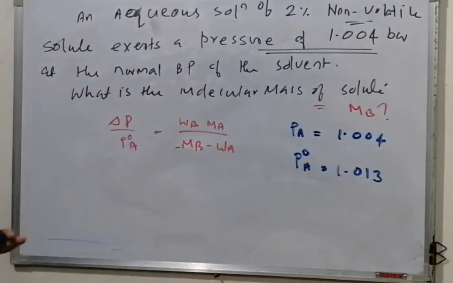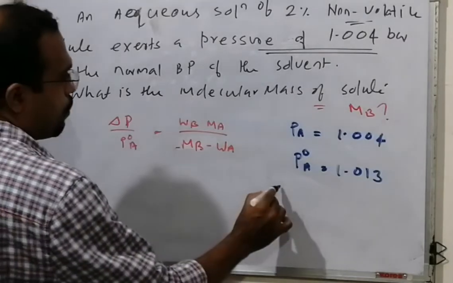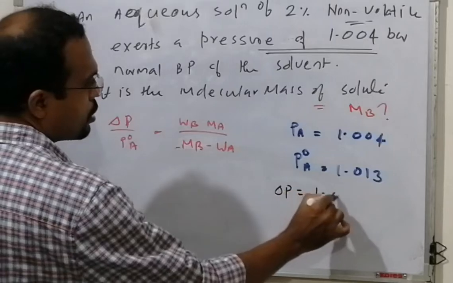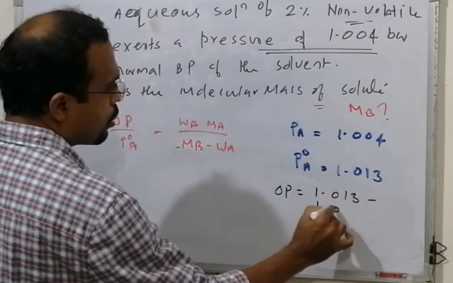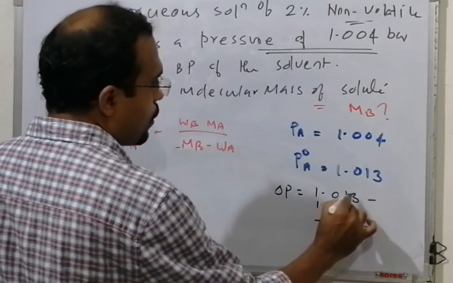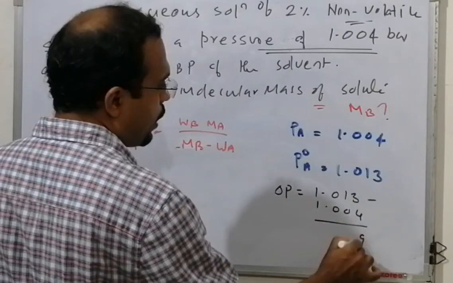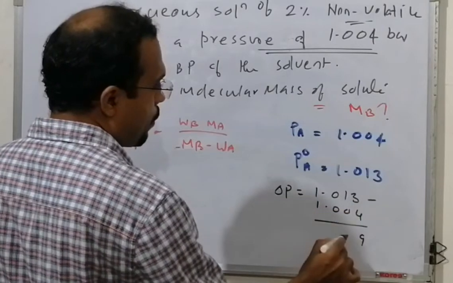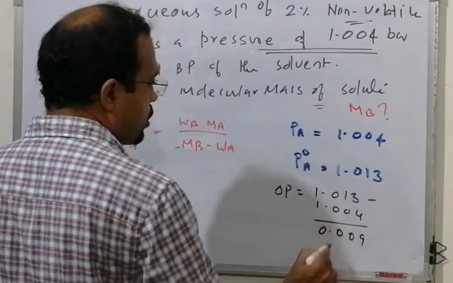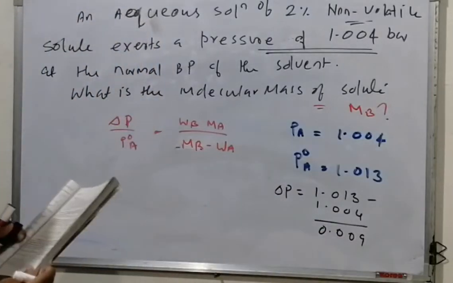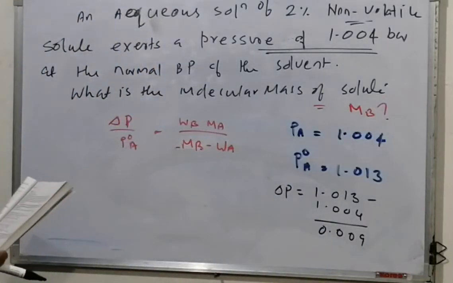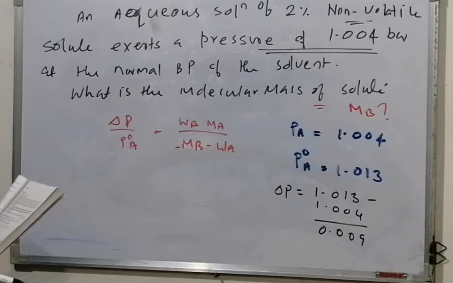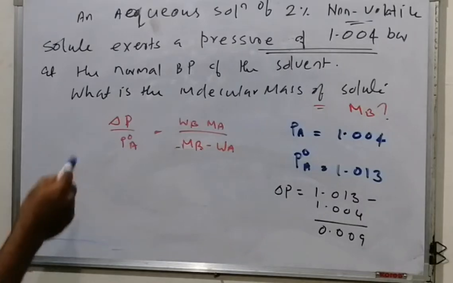Therefore, you will get the delta P. Delta P is equal to 1.013 minus 1.004, that is 0.009.